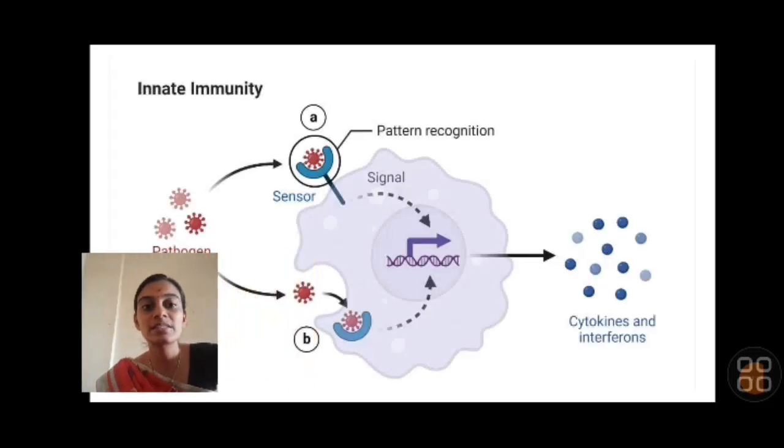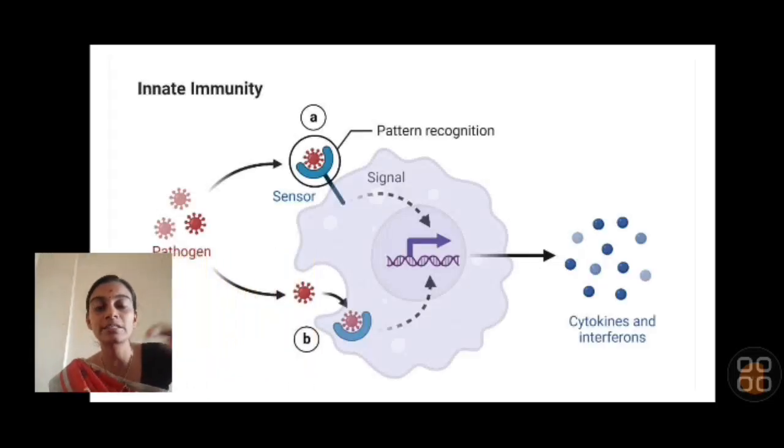So this is the process occurring in innate immunity. Once the pathogen enters the body, it will be recognized by the sensors present on some specialized cells. Or in the other kind of pathway, the pathogens will be taken up by the process of phagocytosis, and these signals lead to the production of cytokines and interferons, which lead to the activation of further cells, and thus the antigen molecules will be degraded completely and the infection is cleared.